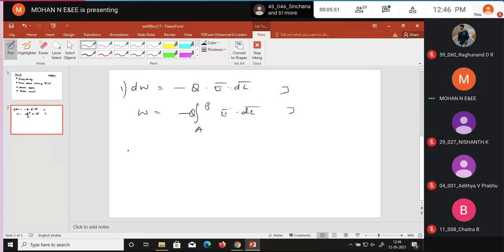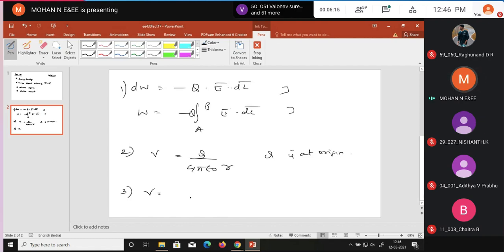And potential: when charge is at origin, that is Q divided by 4 pi epsilon naught R. When Q is not at origin, that is Q divided by 4 pi epsilon naught, magnitude of R minus R1 dash, vectors and its magnitude.